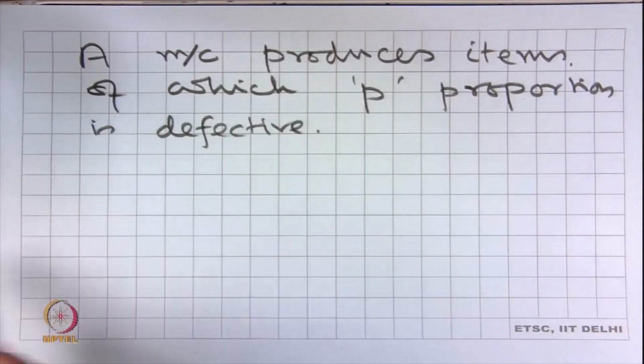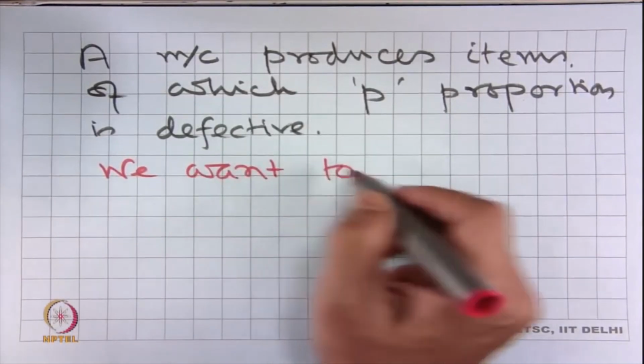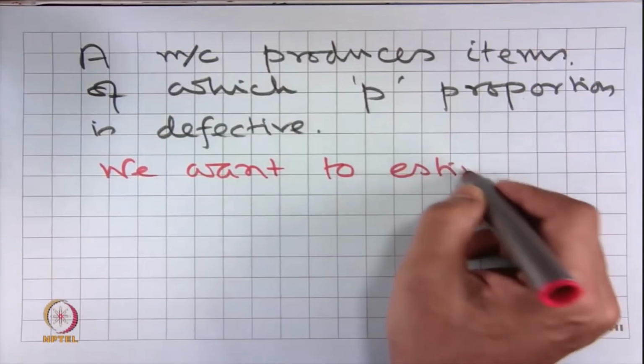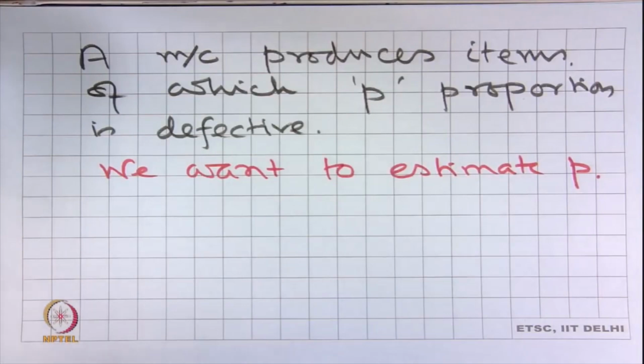In reality, we often like to estimate p. Of course, we can test an item produced to see if it is defective, but complete enumeration is often a problem, and secondly, sometimes the tests are destructive. So, if we destroy all the elements produced, then there is nothing remaining for further use.